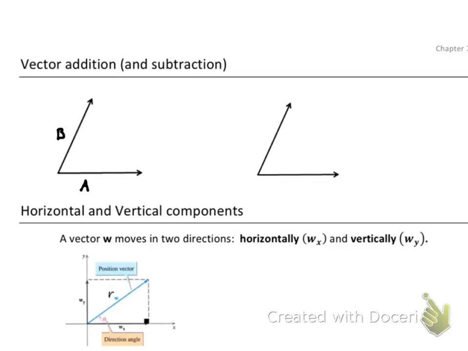All right, the first addition I'm going to do is A plus B. In order to do that, I'm going to go all the way out to the end of A, and I'm just going to add B onto it. So I'm going to take B's length and direction and put it right on the end of A. So that's going to look something like this.